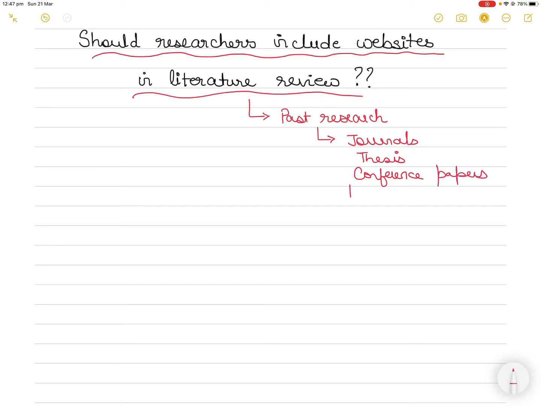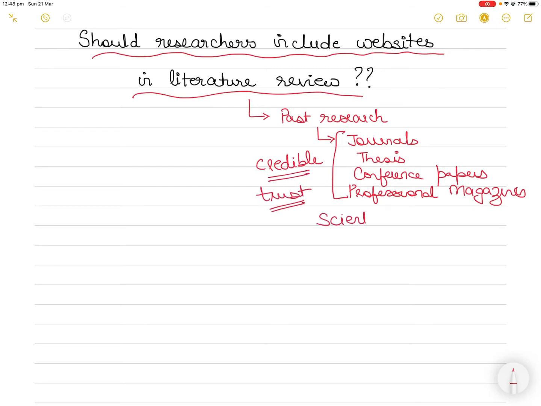We include even professional journals, professional articles, magazine journals or something like that, right? So all credible sources, something that we can trust in terms of their scientific quality. So this is the focus of literature review.